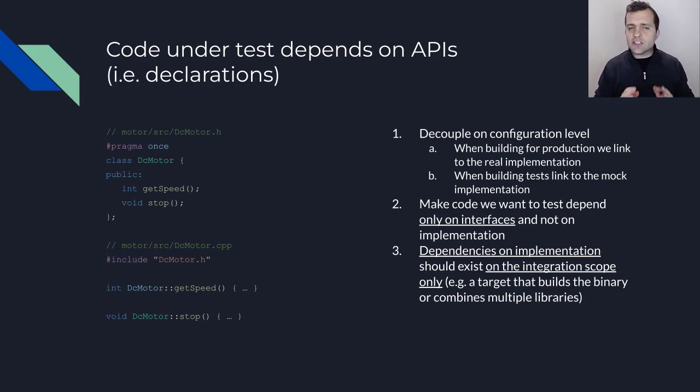The cleanest way to achieve this is by having the configuration targets of the code we want to test depend only on APIs. In other words, on function or class declarations. You should depend on dependency definitions only on the integration scope. For example, targets that build a binary or combine multiple libraries.